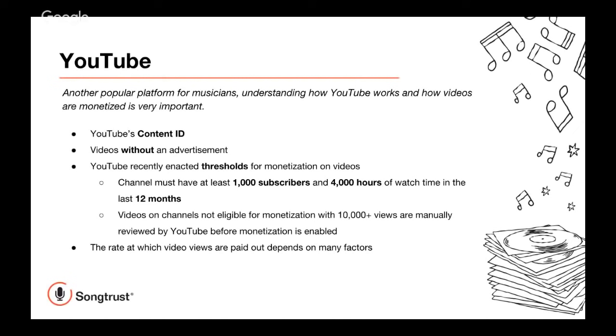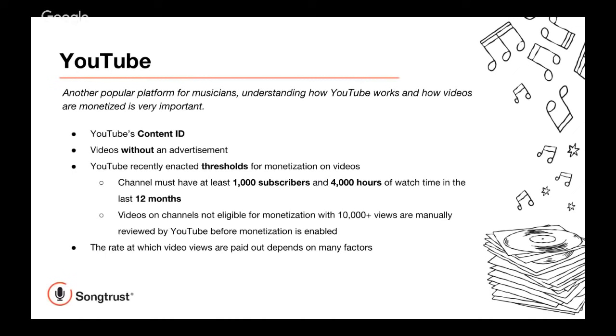Publishers, because they control the song, not just the recording, can also claim a cover video, a live video. All of that is eligible to be monetized on YouTube. There are some restrictions to what types of videos can be monetized. These are listed here on the slide. YouTube recently put these into effect just in the last couple of months.